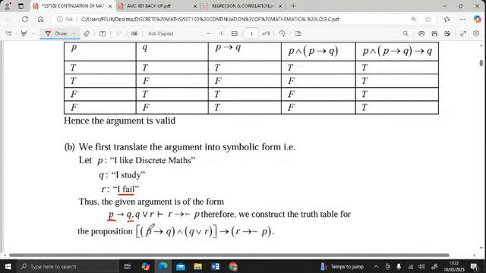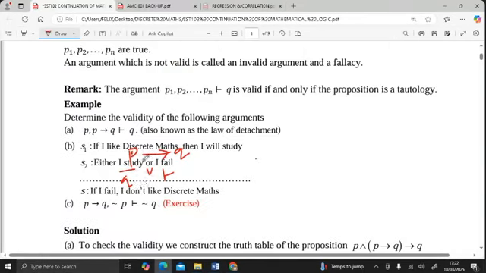So that is why you can see here P, if I like discrete maths, then I will study. I study or I fail, you see, or represented by disjunction. And I think you still remember that. And then now the conclusion is, look at this. If I fail, the conclusion is in the form of an implication.